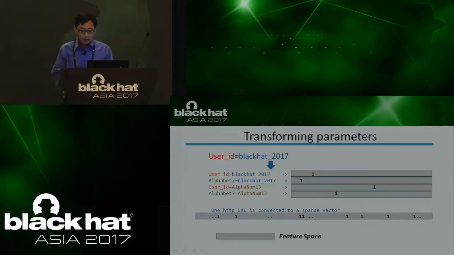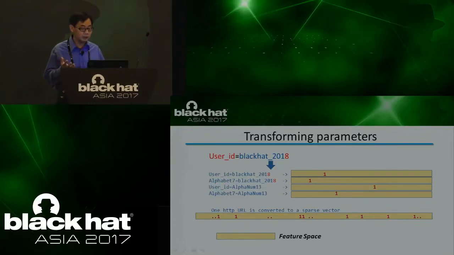Okay, then how do we use this feature vector to do the comparison, to find similarity or commonality? I'll give you another example. Say next year this malware evolved and they changed the user ID to Black Hat 2018.